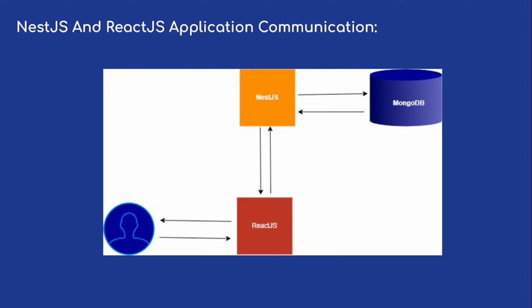Once React.js receives that JSON payload from Nest.js, it uses that data and paints it onto the UI of the application. Okay, this is how the communication will go on.